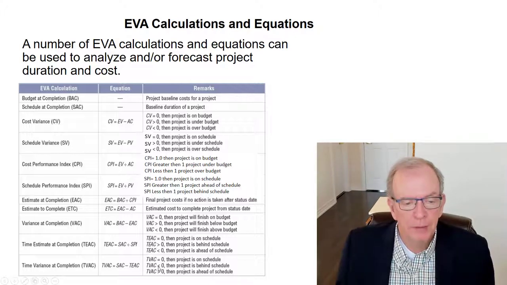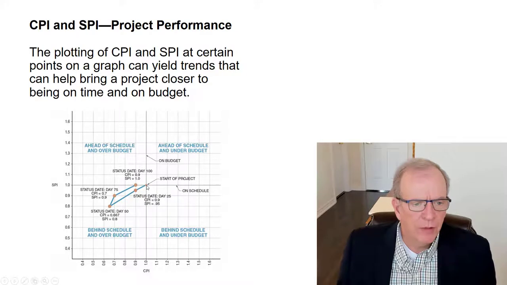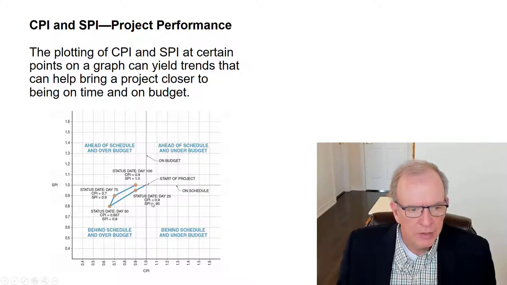Again, you'd have to be careful about that and review it regarding the potential for adjustments with float and critical path. Kind of like at the start of the project, you're doing various updates and seeing certain trends come around as you proceed, like at day 25, day 50, day 75, and you've got these different cost performance indexes and schedule performance indexes, right? So you can see how it's changing as we go around and how some of the variables, which would be somewhat dependent on the actions you're taking on the project.